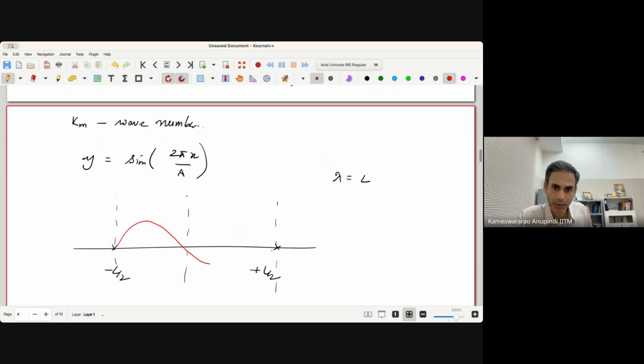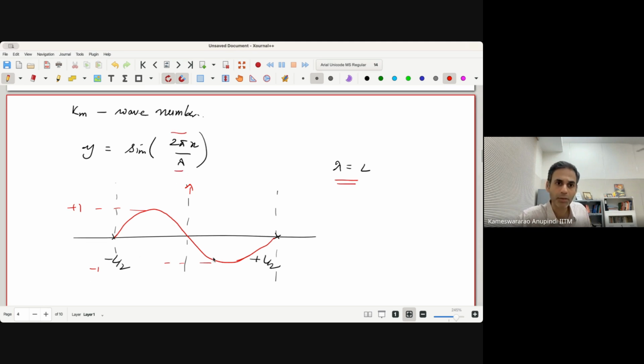It is going from +1 to -1 in the y direction, and it has a wavelength of L. It has a period of 2 pi in a wavelength of L.